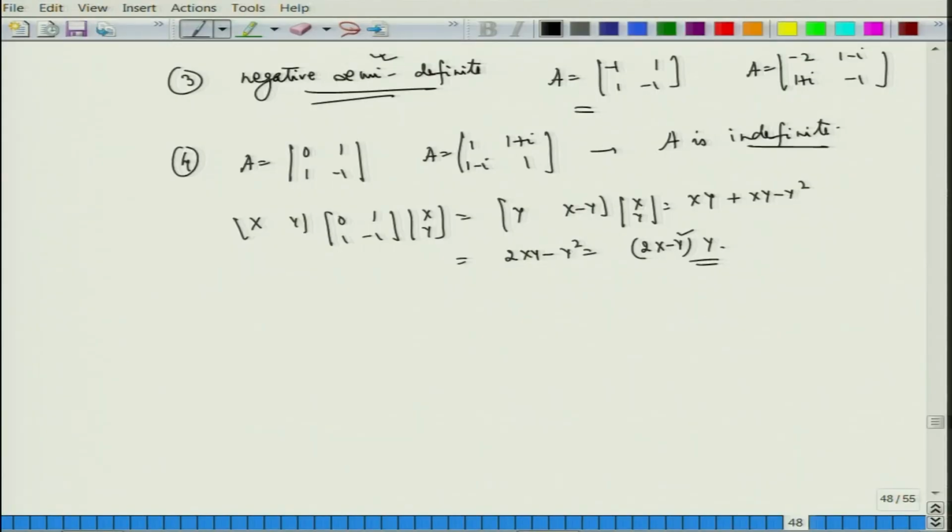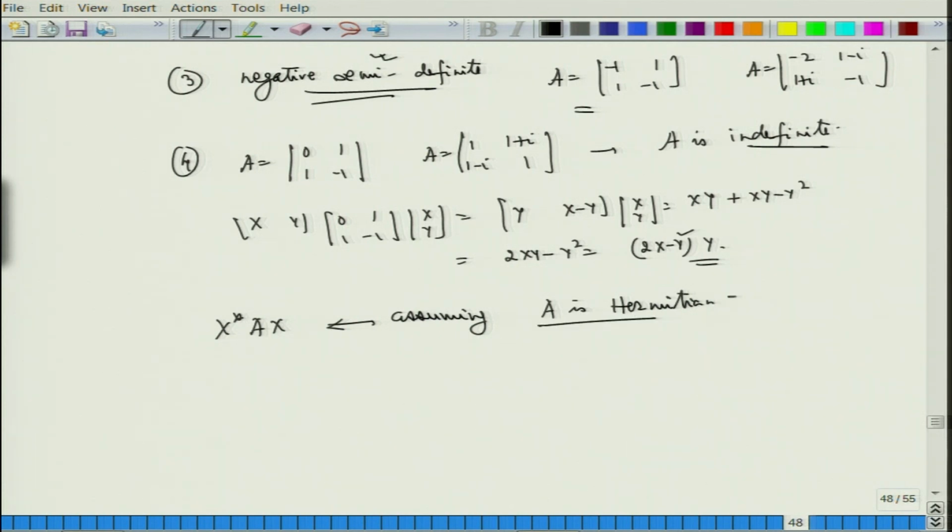So I would like you to see that all the calculations are going to be based on eigenvalues and eigenvectors here. Fine. Because I am looking at x star Ax. Since I am looking at x star Ax, we are also assuming A is Hermitian. Fine.